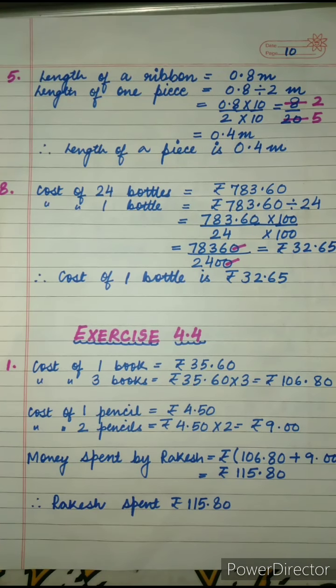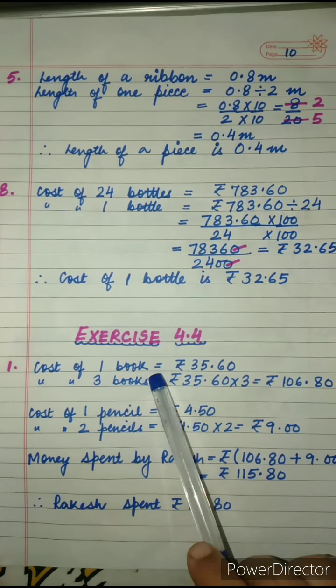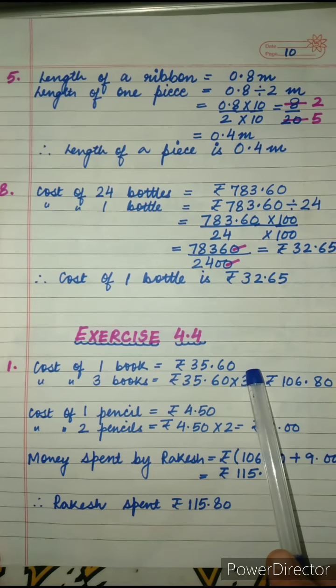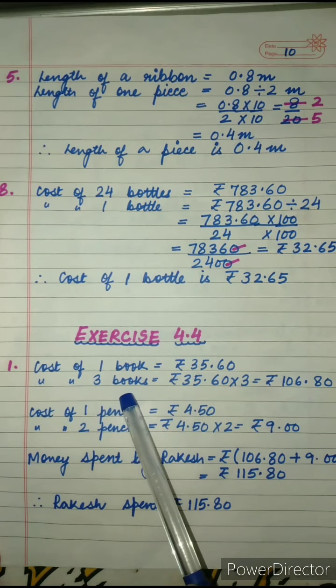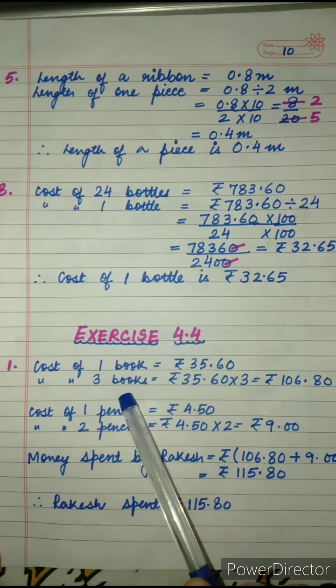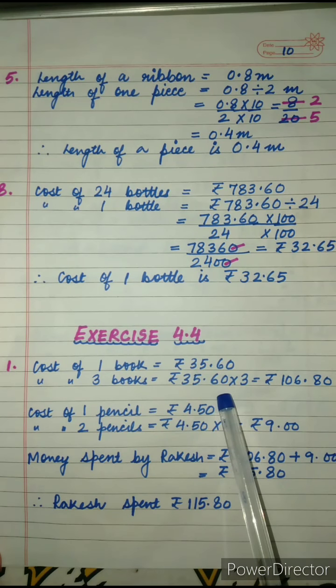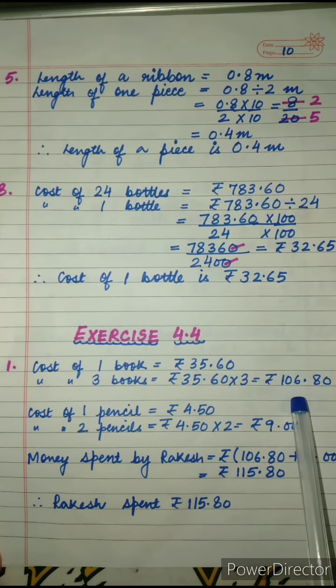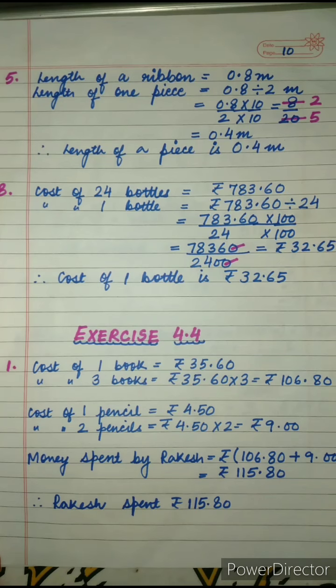Now exercise 4.4, question number 1. Now we're given that Rakesh has purchased 3 books at ₹35.60 each and 2 pencils at ₹4.50 each, and we have to find the total money spent by him. Now we are given the cost of 1 book as ₹35.60. So we have to find the value of 3 books, that is ₹35.60 into 3, that will give you 106.80.